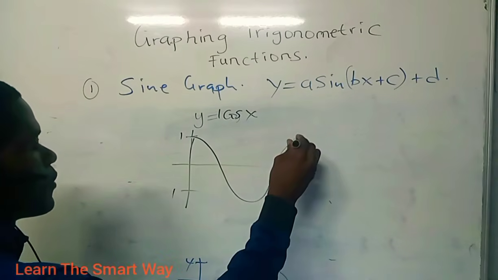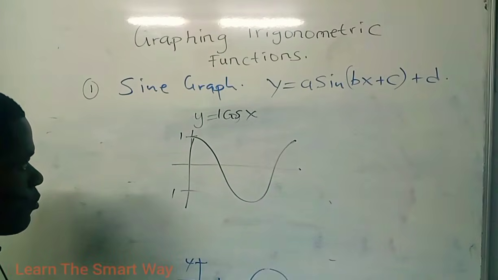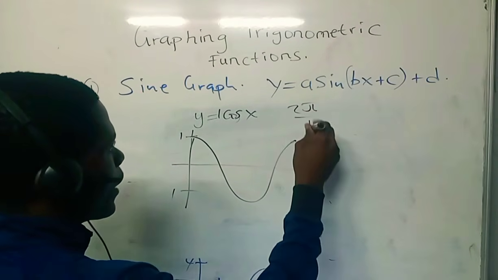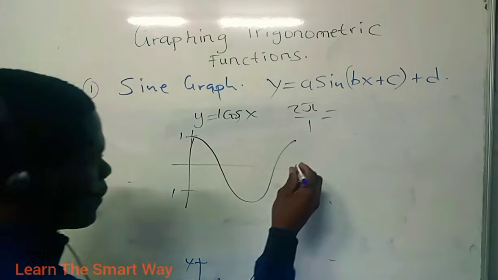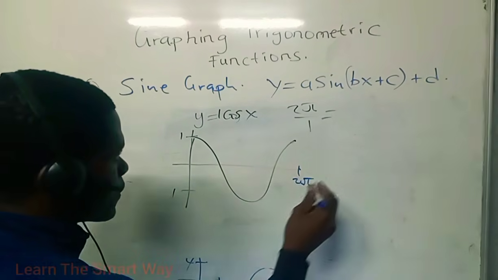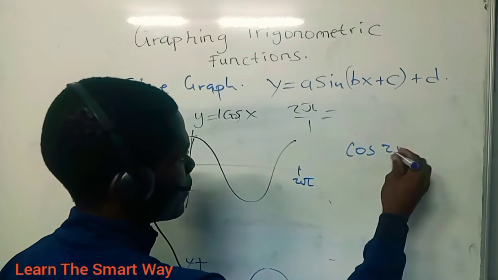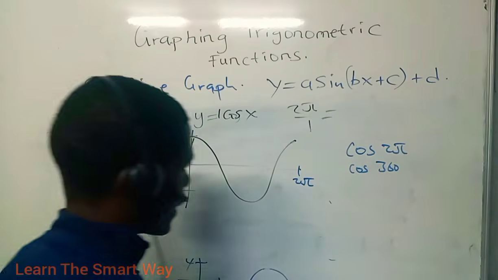Okay, so in this case the period is actually 2 pi over 1, which is 2 pi. So therefore the last point there is going to be 2 pi. So if you look at cosine 2 pi, which is equal to cosine 360, it's 1.